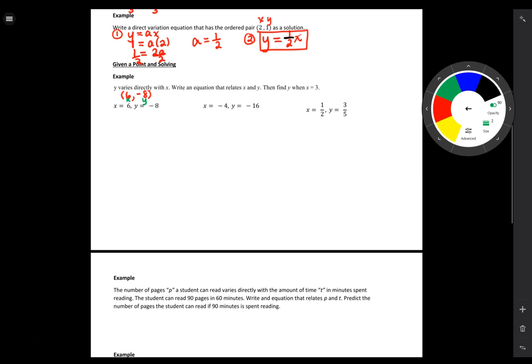But there's one additional step, and that additional step is, having issues here. So the second step is find y. Just leave it alone and just underline it. That might be better. Then find y when x equals 3.